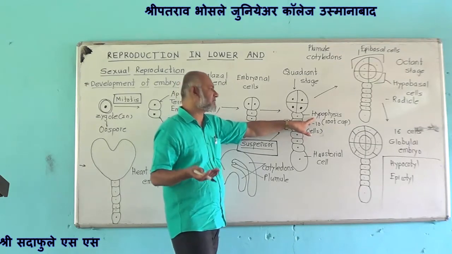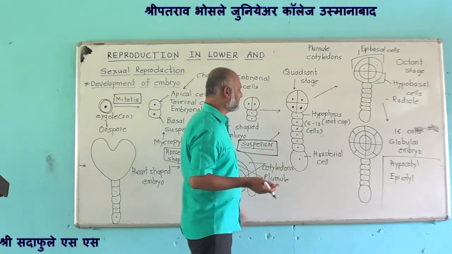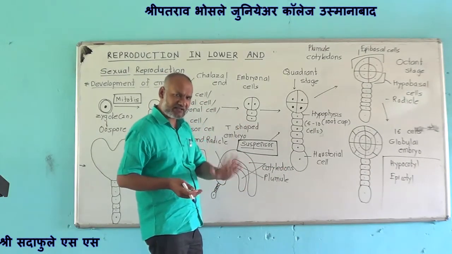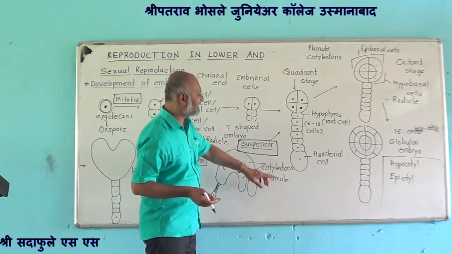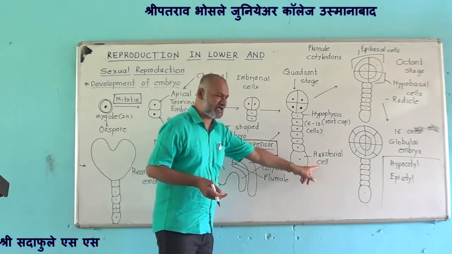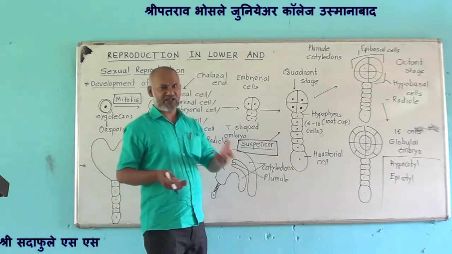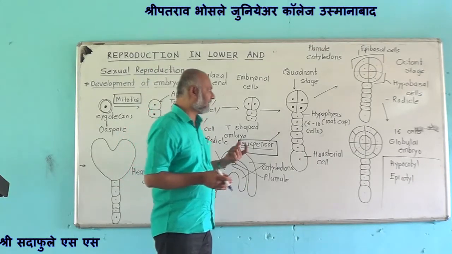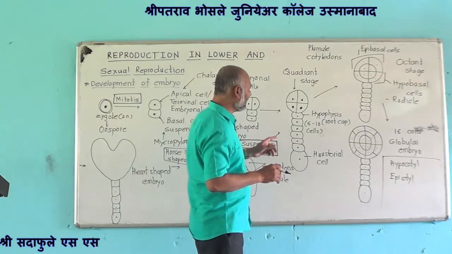What is the role of hypophysis? It forms the root cap. Then the terminal cell of the suspensor, away from the embryo, is termed the haustorial cell. It helps in absorption of food material from the endosperm.